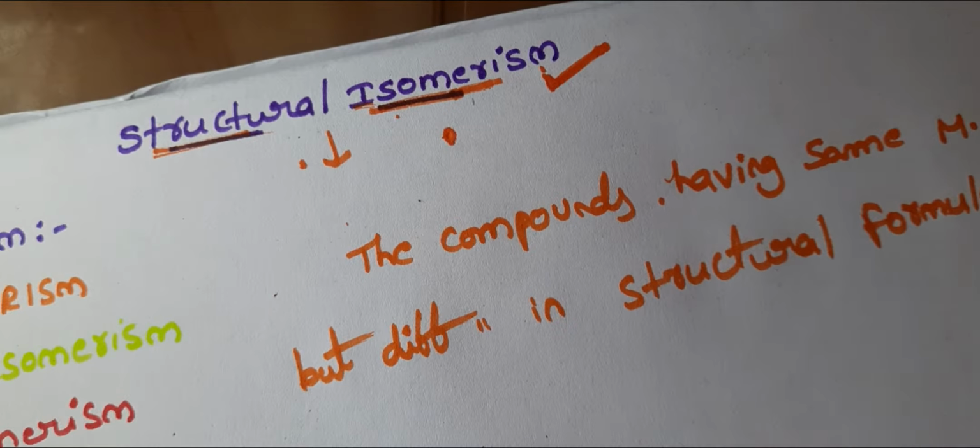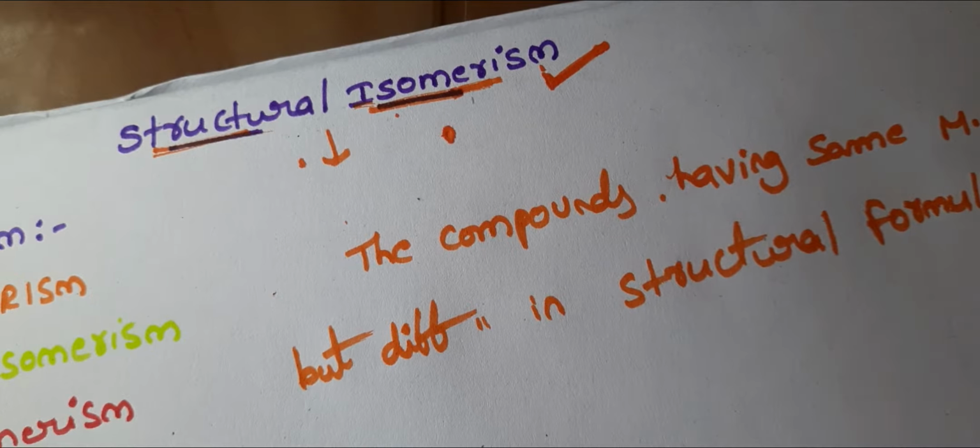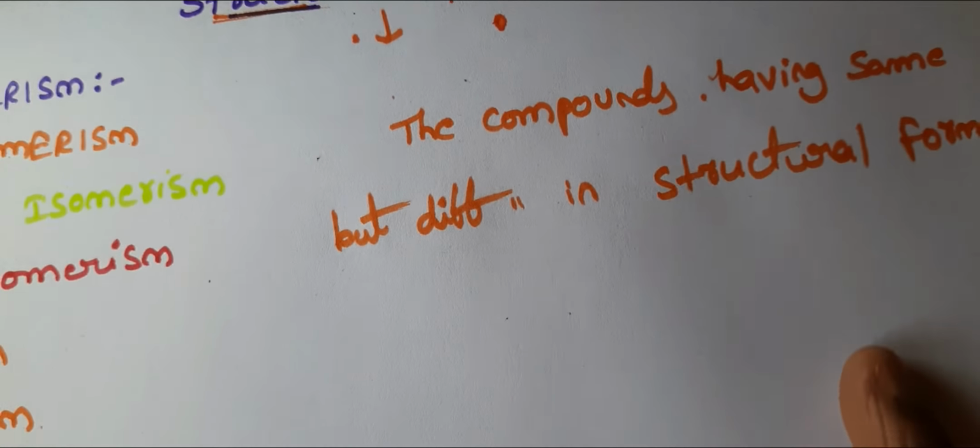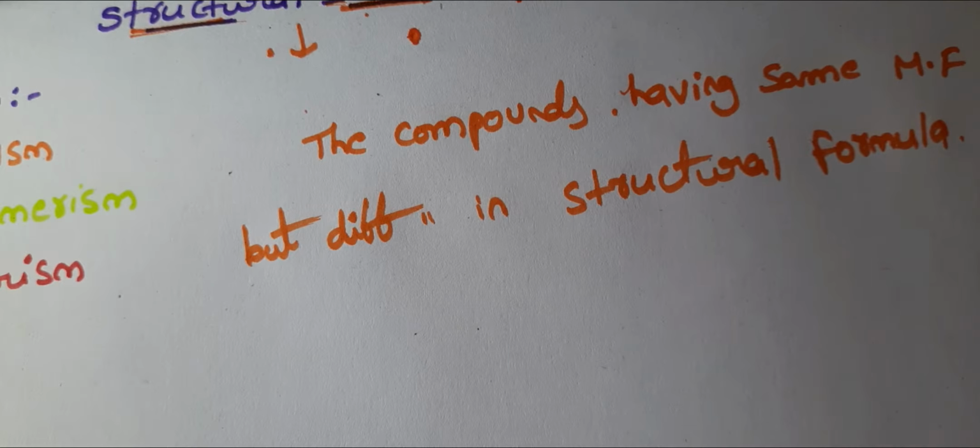This phenomenon is called structural isomerism. They have the same molecular formula but are arranged in different structures.